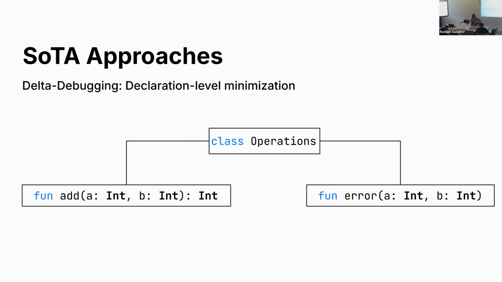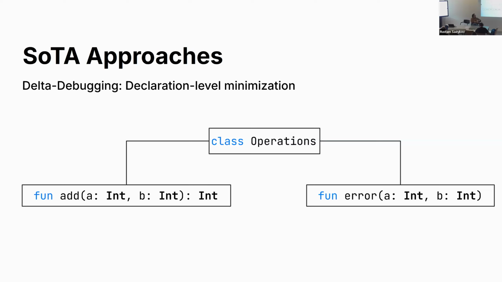And it's extremely slow, because in such minimization, we have dependencies between symbols, like one function returning a class, which uses another class, which uses another class, and so on. And yeah, we cannot minimize it well.